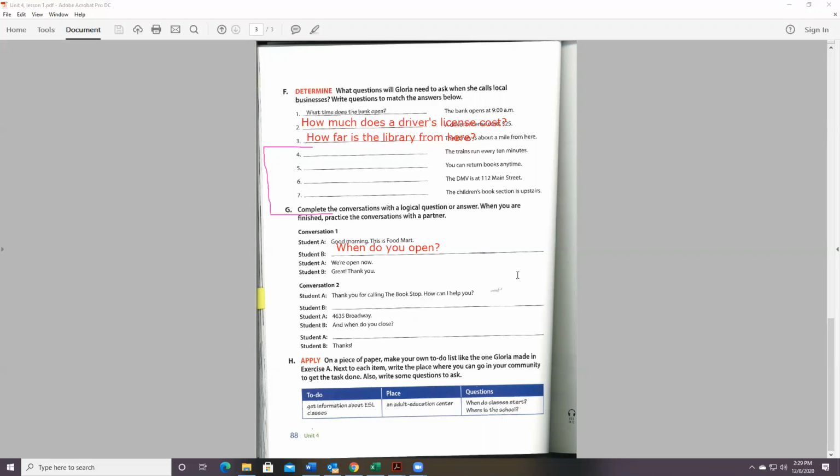All right, let's look at conversation 2. Thank you for calling the book stop. How can I help you? Okay, our answer is 4635 Broadway. So our question can be, what is your address?